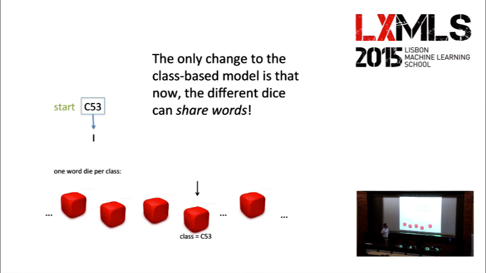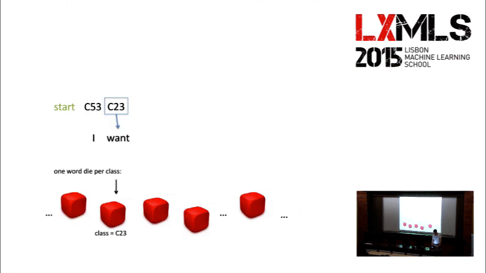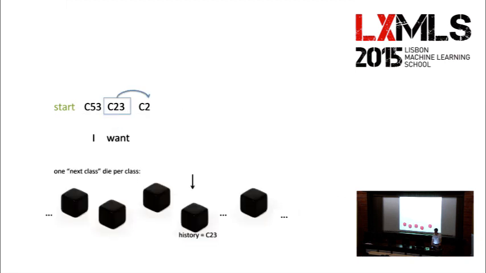Okay, so this is just like the class-based language model, except instead of each word being associated with only one of these dice, every word could potentially be on every one of the dice. So when you see a word, it could be potentially with any of the states. Once we have our word I, we go back, we pick the transition die for C53, we roll it, we get C23, and so on. We keep alternating back and forth, just like before.